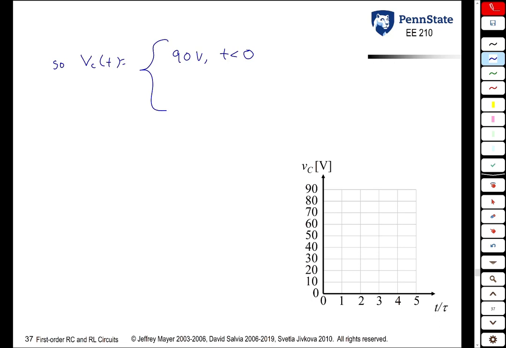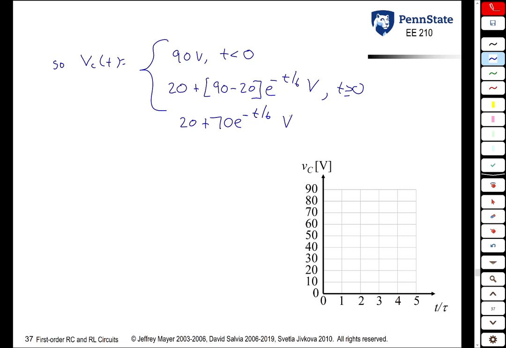What's the value after the change in the circuit? It's VC of infinity plus VC of 0 minus VC of infinity e to the minus t over tau, which you can rewrite as 20 plus 70 e to the minus t over 6 volts.